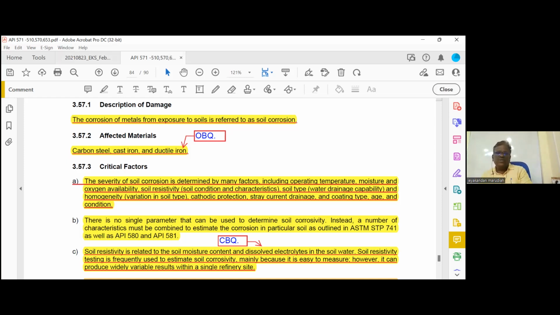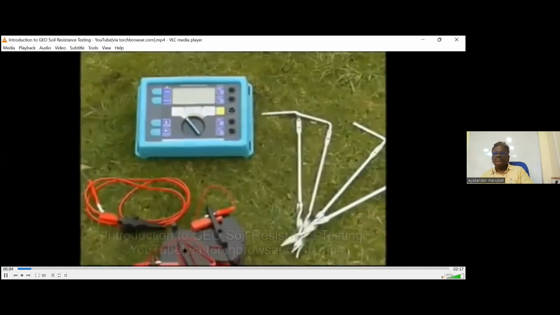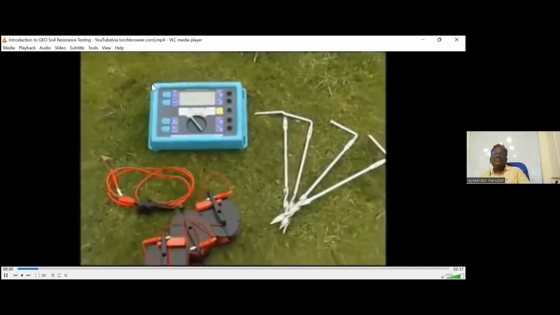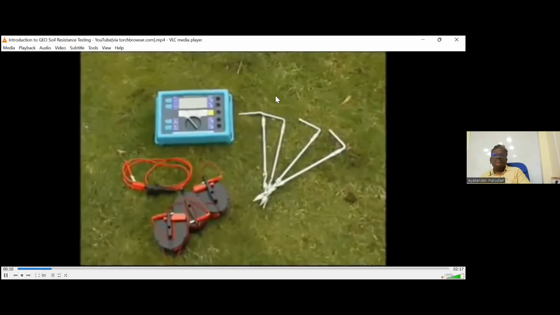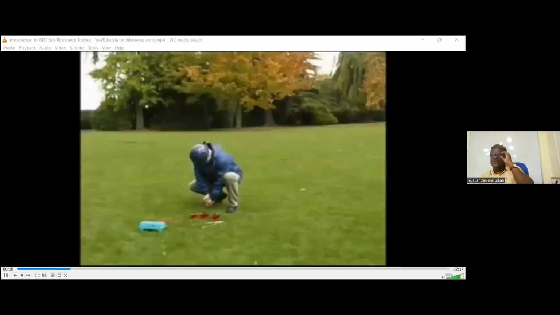How does the Wenner 4-pin method work? This is the Wenner 4-pin method. To measure the soil resistivity of a given area, position 4 ground stakes of the same length into the ground to be measured.